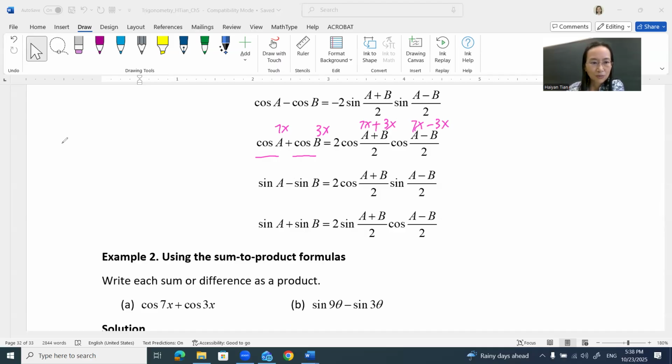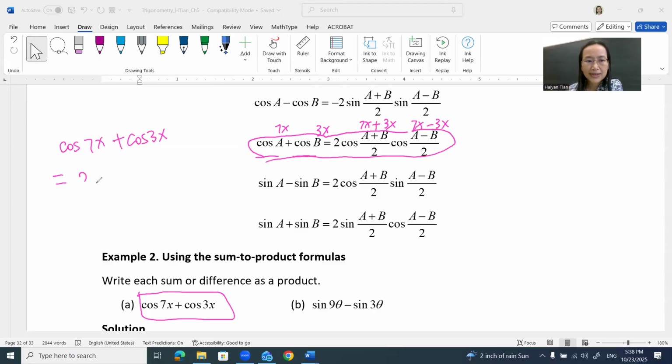Then let's work on this problem: cosine 7x plus cosine 3x. We want to write this sum as a product. We are using this second formula. It should be twice cosine of half of A plus B, so 7x plus 3x, times cosine of half of A minus B, so 7x minus 3x.